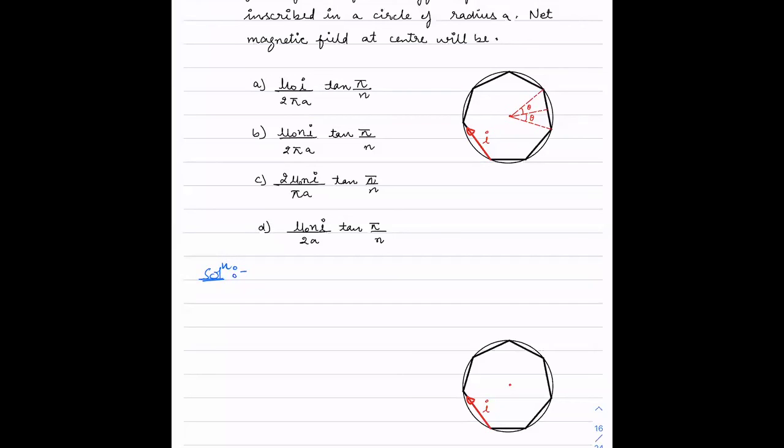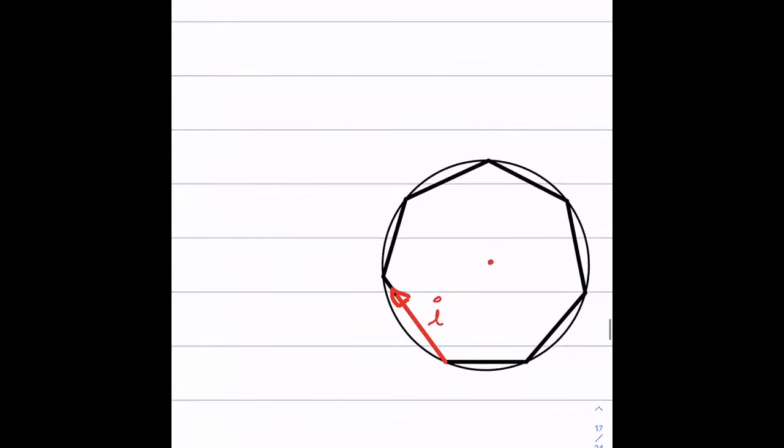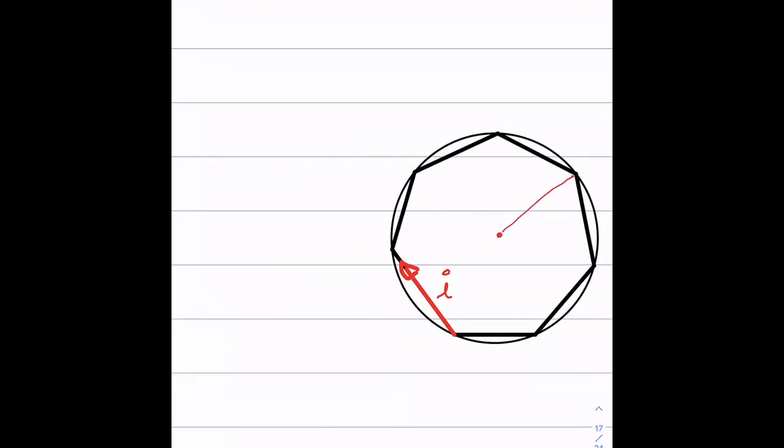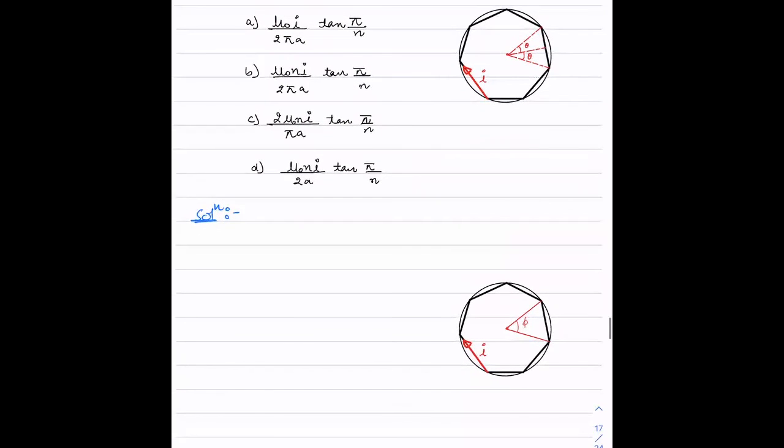Okay. So just see here, if I assume this angle, this one as well as this one, as phi, then phi will be equal to 360 divided by how many sides are there? 1, 2, 3, 4, 5, 6, 7.